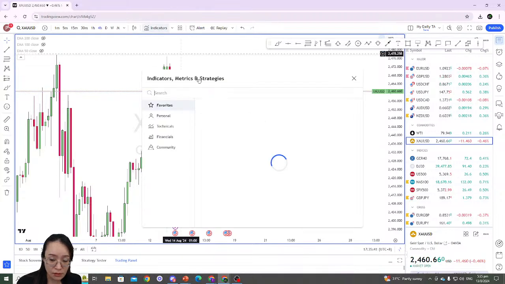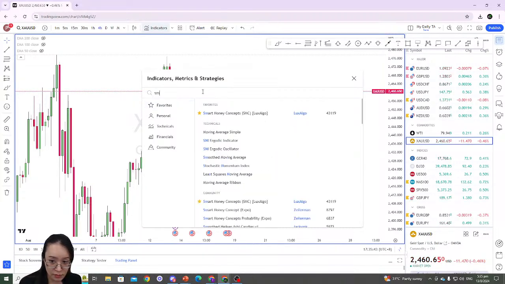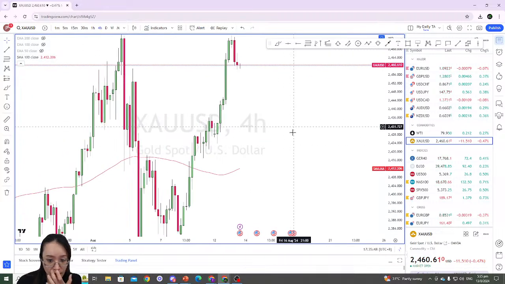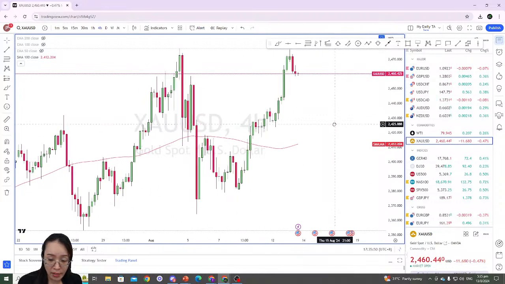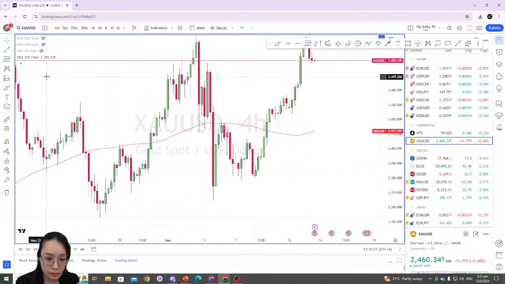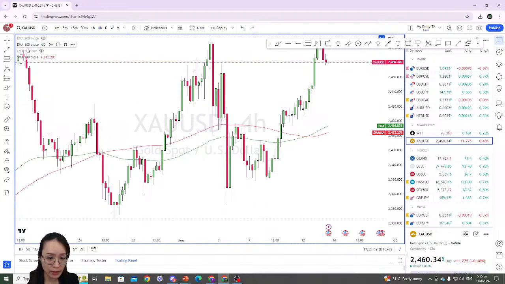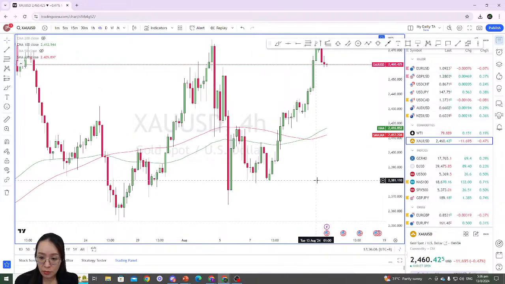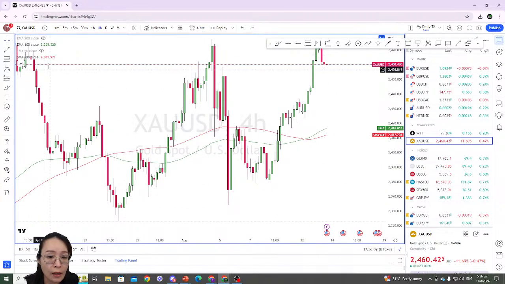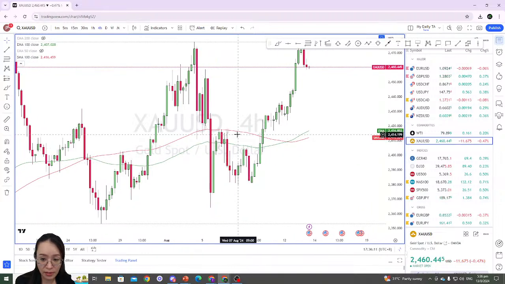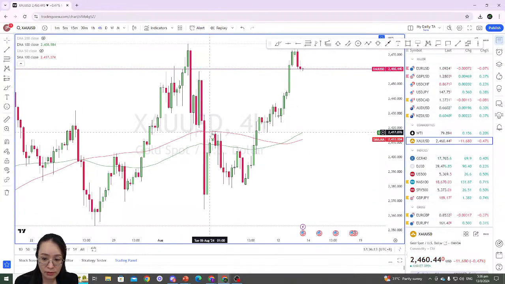If you were to use SMA, which is the simple moving average, 100, it's over here. Based on gold, you can see here the EMA 100 versus the SMA 100 period. Look at the red one, which is SMA: it's quite slow over here.